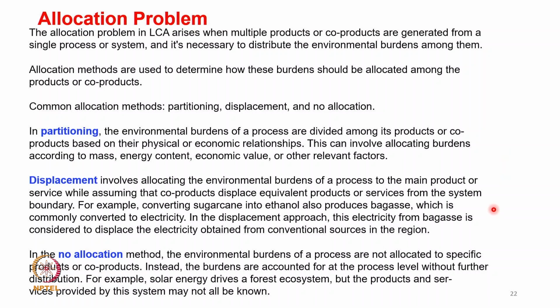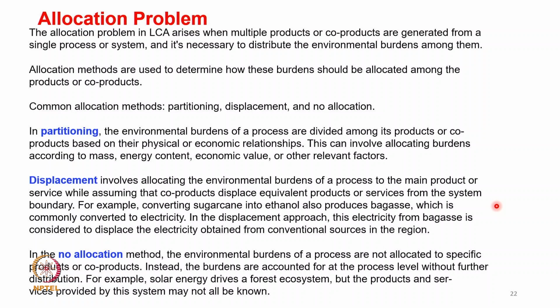And displacement involves allocating the environmental burdens of a process to the main product or service while assuming that the co-products displace equivalent products or services from the system boundary. For example, converting sugarcane to ethanol also produces bagasse, which is a commodity converted into electricity.